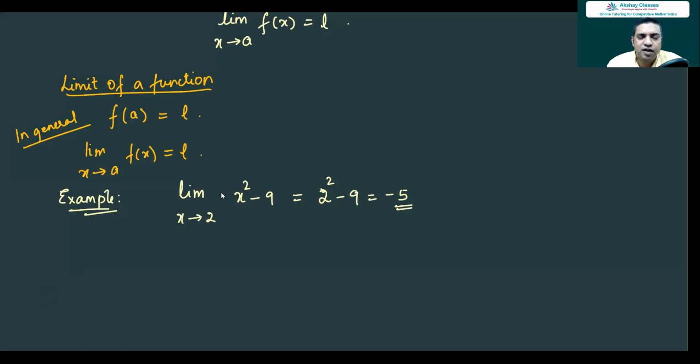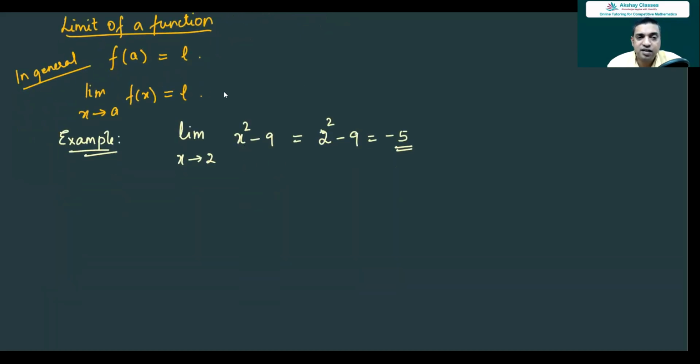Other than indeterminate forms, if limit f of x as x tends to a equal to L holds, then limit x tends to a of a times f of x plus b will be equal to a times L plus b. That's it. It is just a matter of substitution.